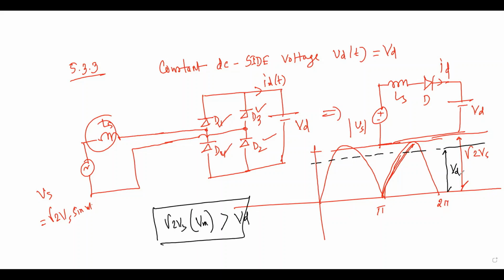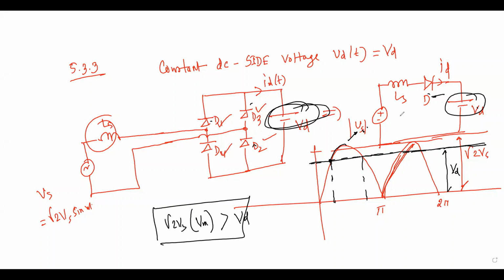say suppose this is a battery, we want to charge it. So current will start when your Vs will cross the Vd. Vd is reverse biasing D1, D3, D4. From here you see that this Vd is reverse biasing this diode.